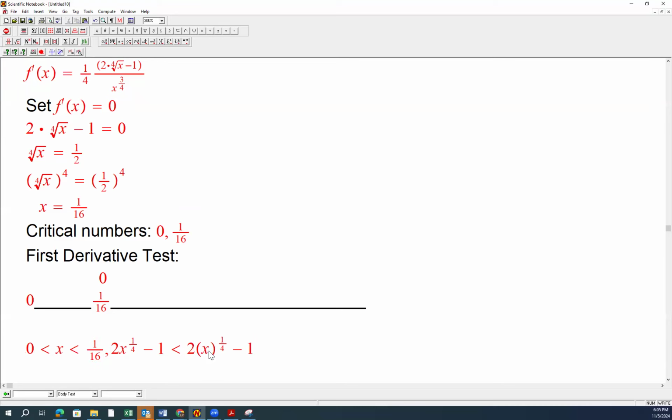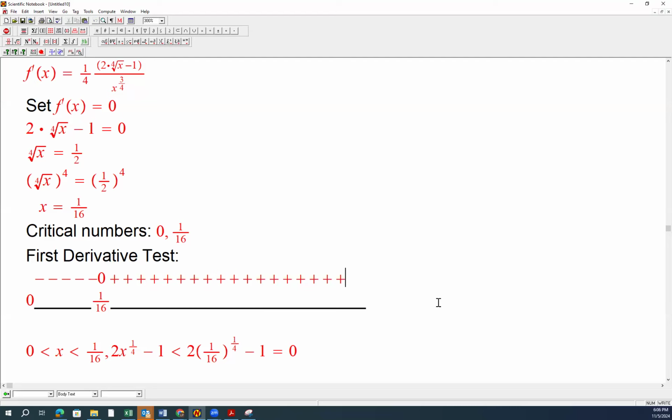This whole thing is going to be 1/2 times 2, which is 1. I'm sorry, 1 minus 1 is 0. So in this part, it's negative. You can pick a test number. And larger than that, of course, is going to be positive.